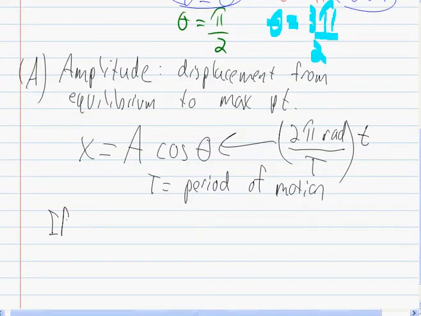If t equals 0, then 2 pi t over the period equals 0. Theta equals 0.